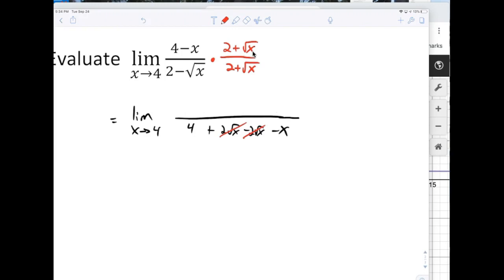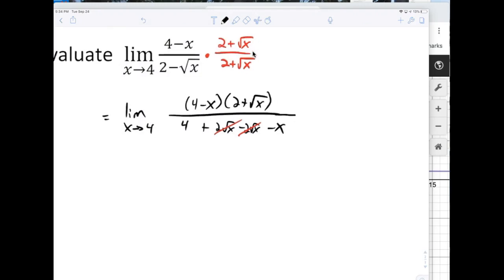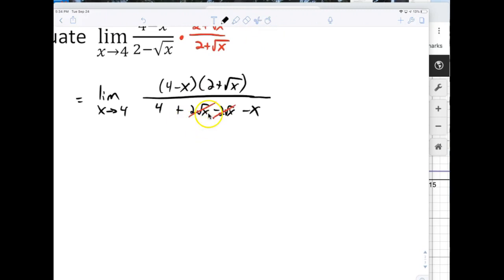What if I left it, instead of FOILing, what if I left 4 minus x times 2 plus root x? Now after my 2 root x and my -2 root x cancel, this becomes the limit as x approaches 4 of 4 minus x times 2 plus root x over 4 minus x.